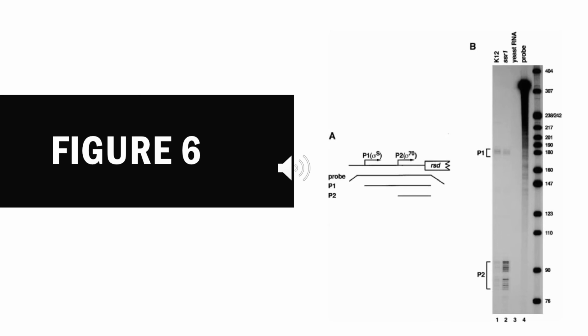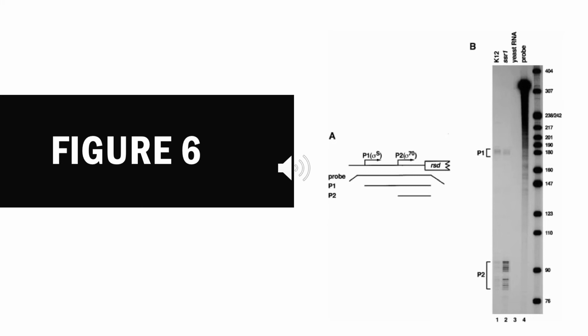Next, the researchers wanted to see if that 6S RNA alters the utilization of sigma 70 holoenzyme compared to the stationary phase specific sigma S holoenzyme. So they analyzed transcription using this RSD gene, using an RNase protection assay.